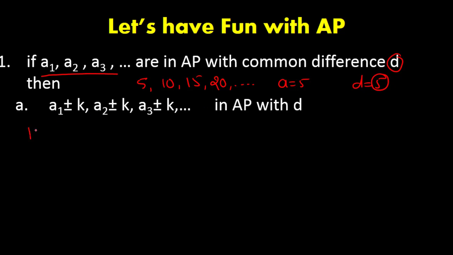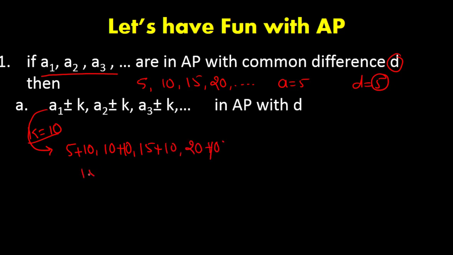Suppose in this case I am taking k as 10. First I will consider the addition, then we'll see multiplication. So 5 plus 10, 10 plus 10, 15 plus 10, 20 plus 10, which is nothing but 15, 20, then 25, then 30.